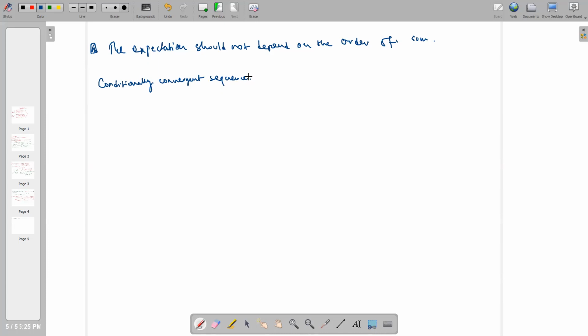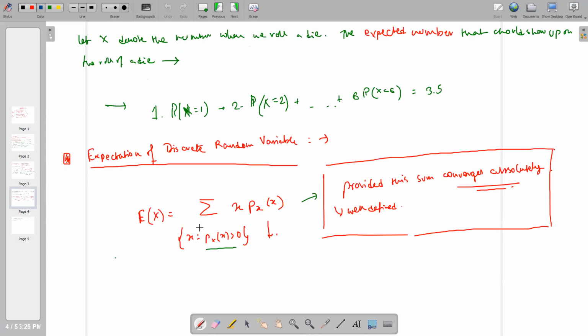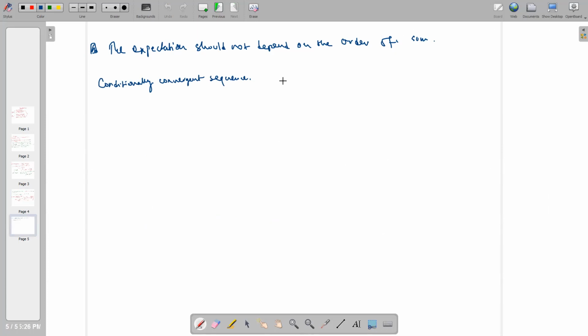Because see, this is summation x times p of x, right? So now this is positive, but this can be negative, right? So in general, the terms in this summation might have different signs.